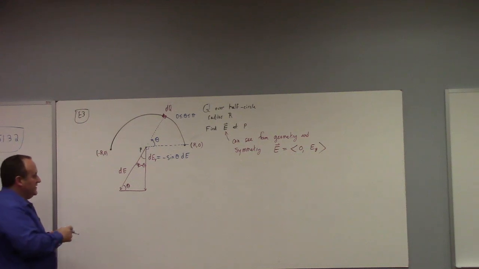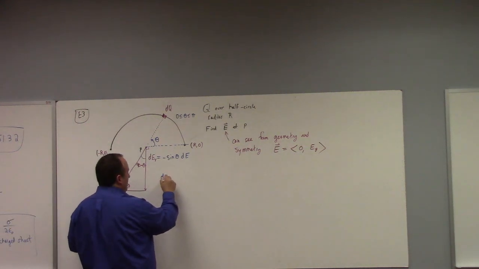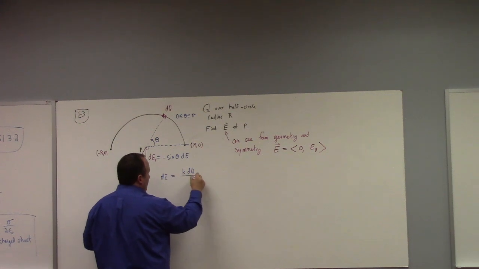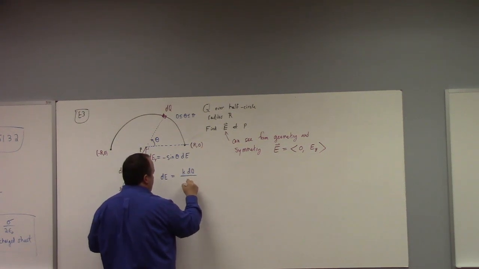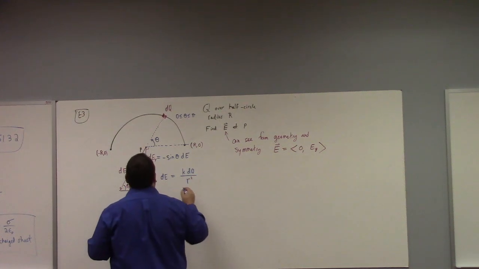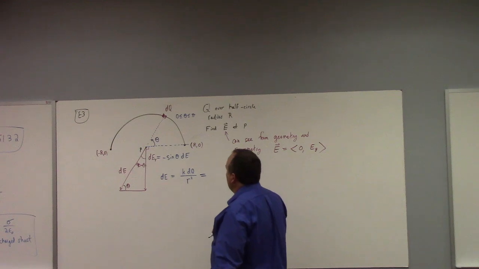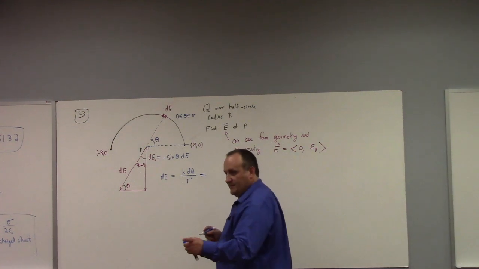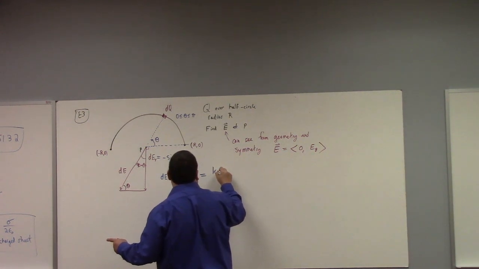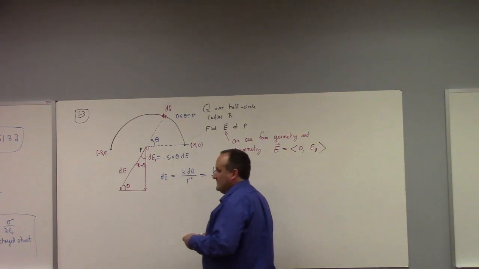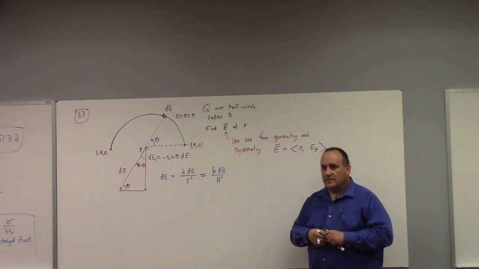Now, the formula for dE is k times dq divided by r squared, where r is the distance. And what is that distance? Yeah, big R. That's the cool thing about this example: the distance isn't variable.